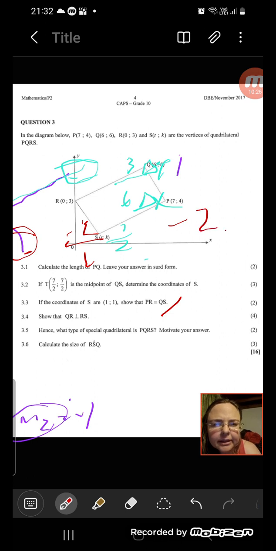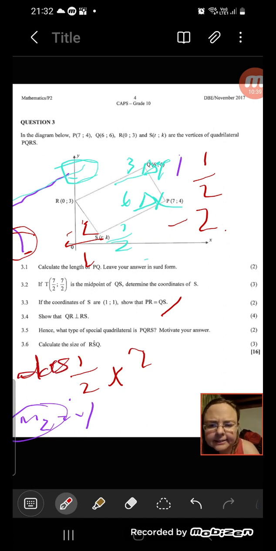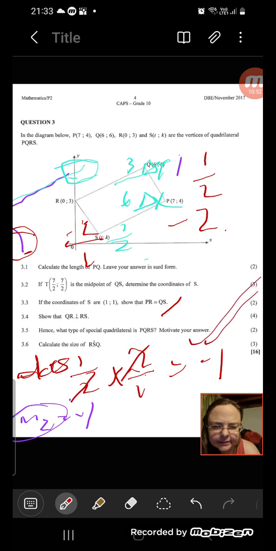And I just found out that my other gradient was a half. Does it work? You can even write whatever you want if it makes sense. Does a half times minus 2 over 1 equal minus 1? Oh, yes, it does. Fantastic. And that is 4 marks.